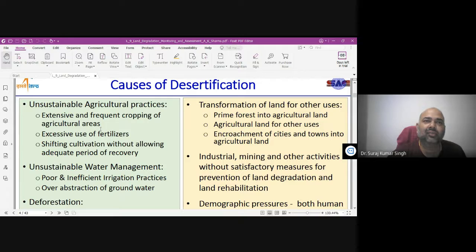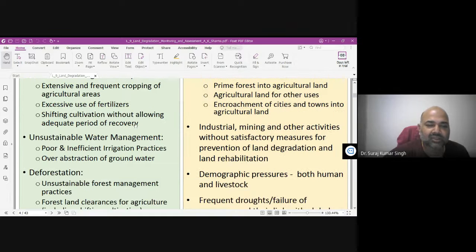If for a particular soil 1 month of recovery is required, we give only 10 days. So the minimum time that is required is not met, and the land is getting converted into unproductive land.